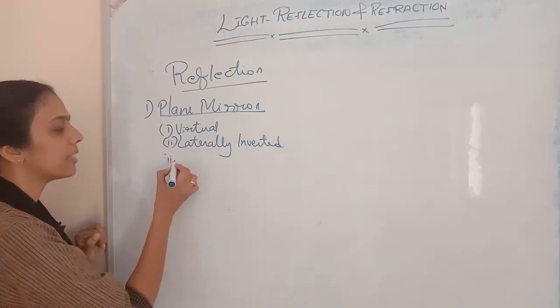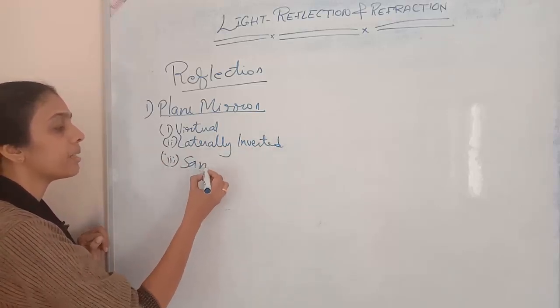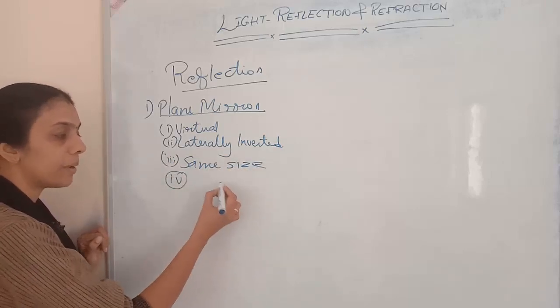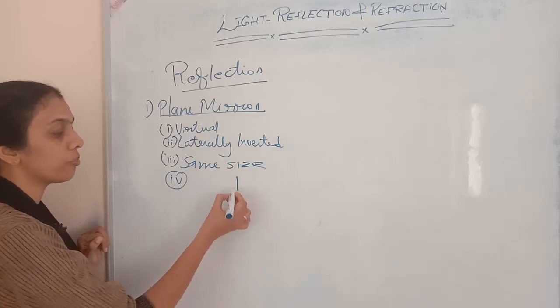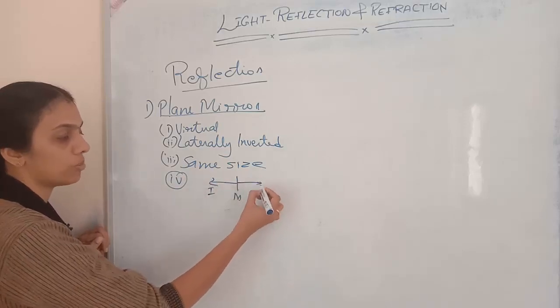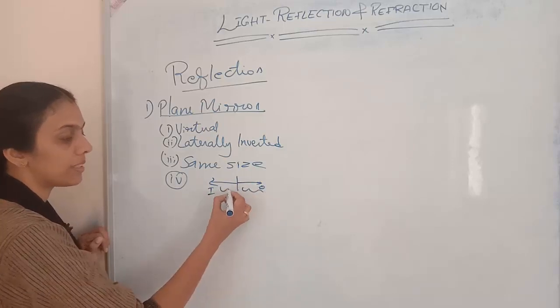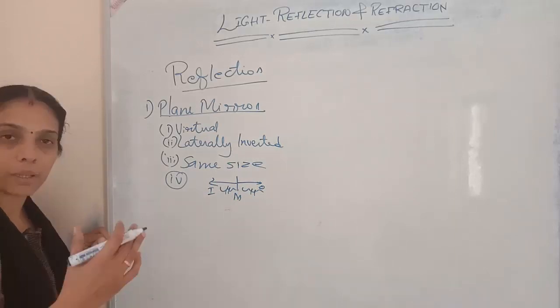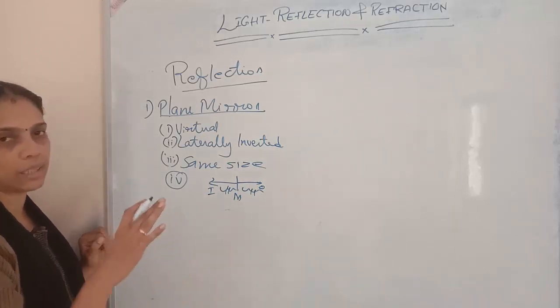Third, it is of the same size. And fourth, the image distance: if this is the position of the mirror, the object distance will be the same as the image distance. Object distance from the mirror will be equal to the image distance.